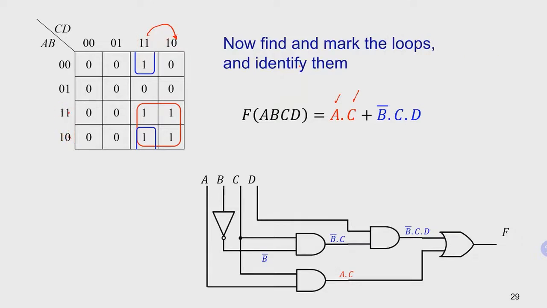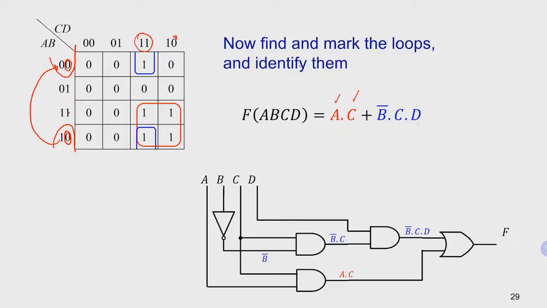The blue one will be this and this. In this case, you can see that our B bar stays the same, and then our A changes, and the C and D don't change. So we have B bar, C, D.